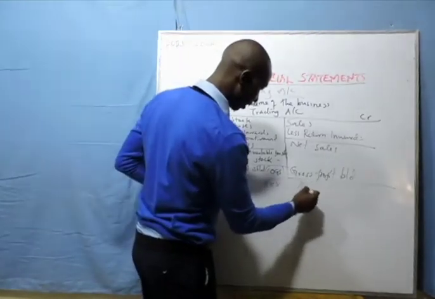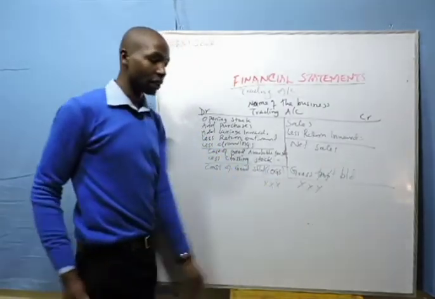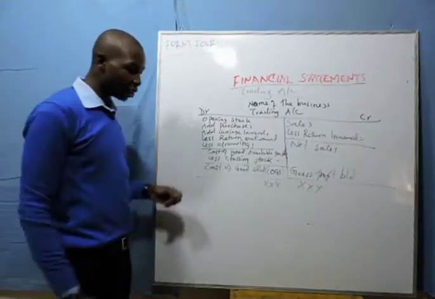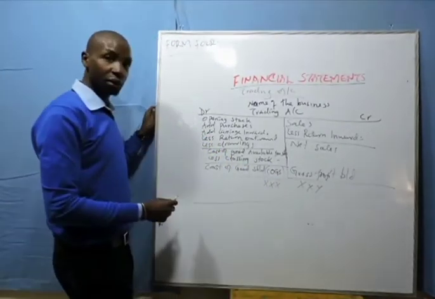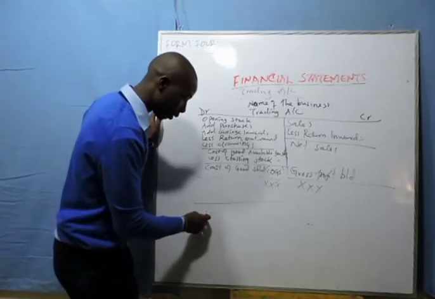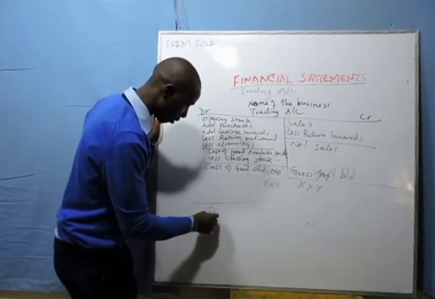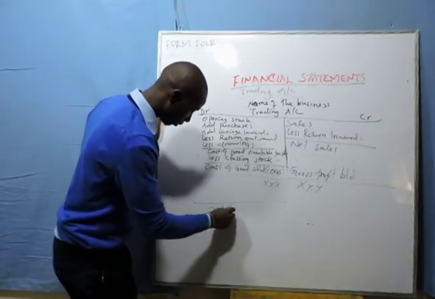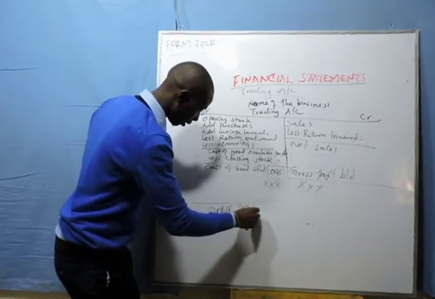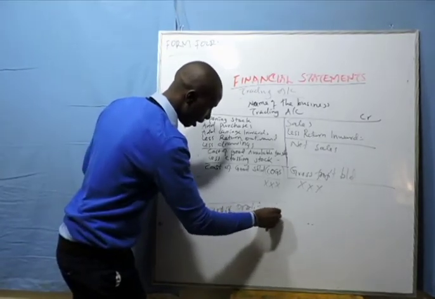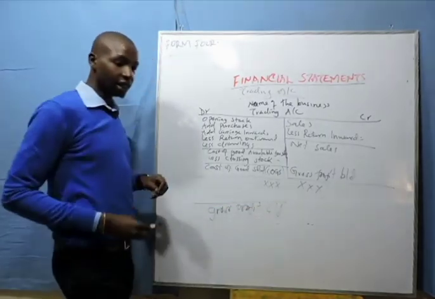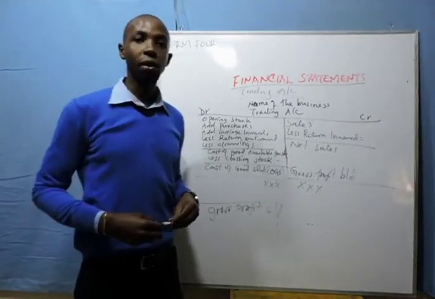And on this side, the figures must be the same. After that, you will carry down the gross profit. Gross profit carried down. Next time we will see an example. I hope you enjoyed. Thank you.